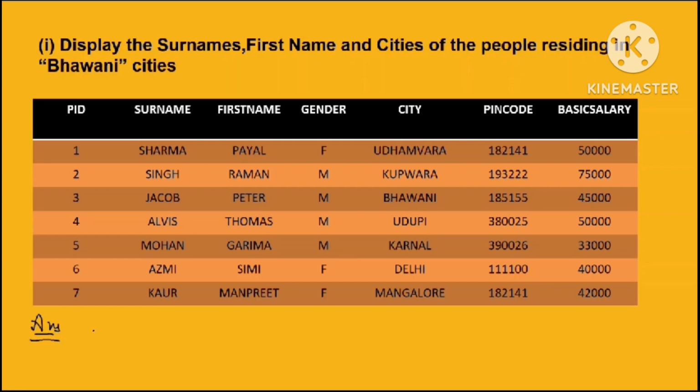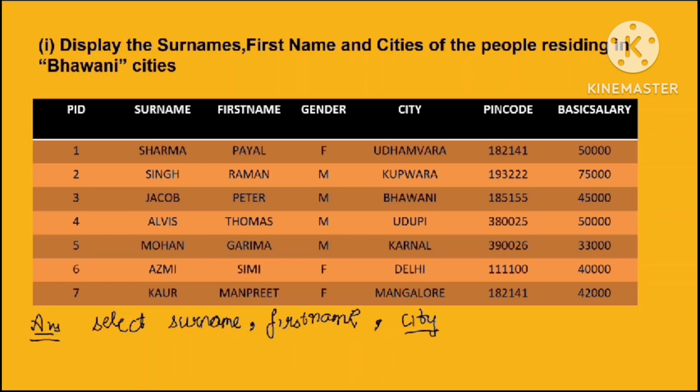So the answer will be select. Display is written, so you have to write the select command, and surname, first name and city, only 3 columns you have to display. So the output will be select surname, comma, first name, comma, city. The exact column names you should mention.